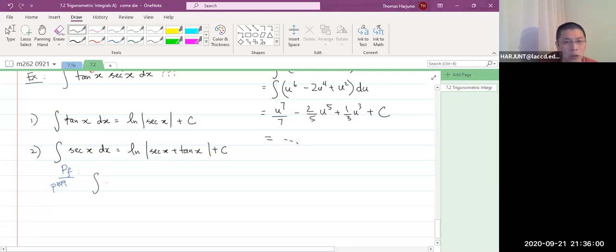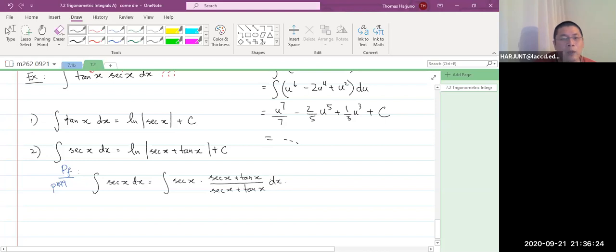So the integral of secant x dx is equal to the integral of secant x times secant x plus tangent x over secant x plus tangent x dx.